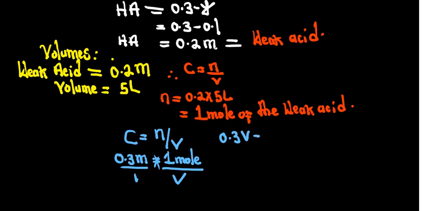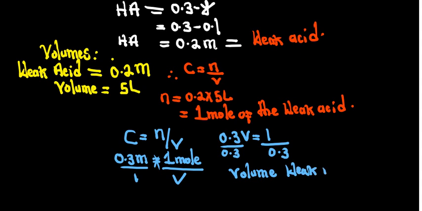And when you divide by 0.3, the volume of the weak acid is going to be 1 over 0.3. And 1 over 0.3 is going to give us 3.3 liters of the weak acid. So I just found the weak acid volume.